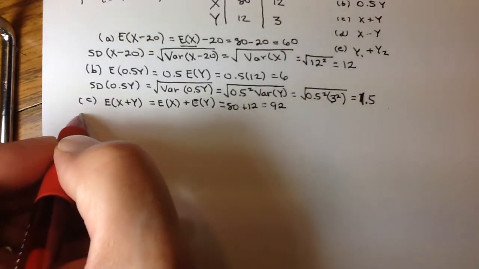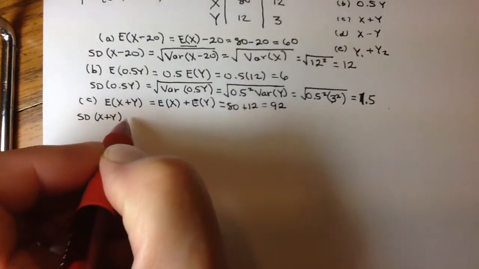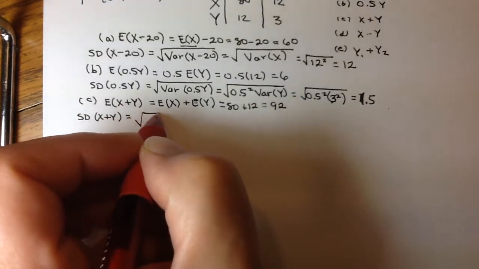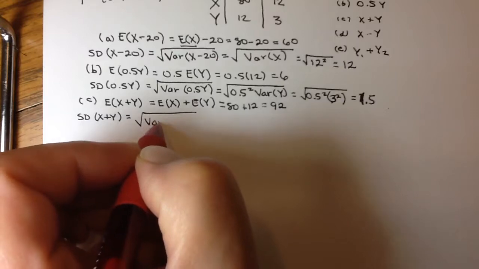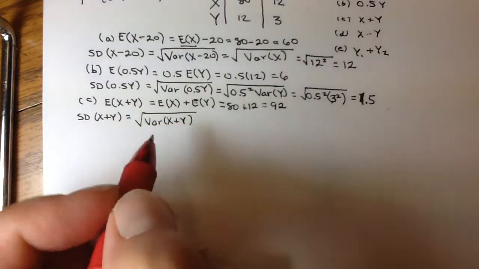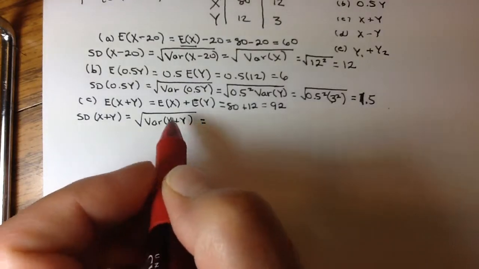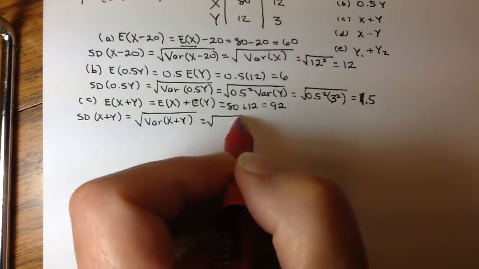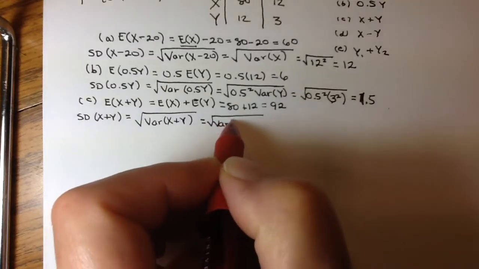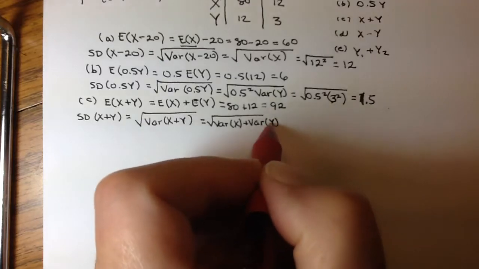The variance, well, we'll start with the standard deviation of x plus y. Rewrite that as the square root of the variance of x plus y. And variances do add, we learned on Friday, so that's the square root of the variance of x plus the variance of y.